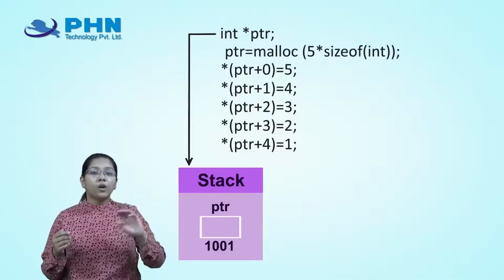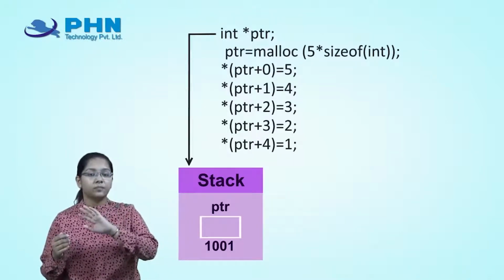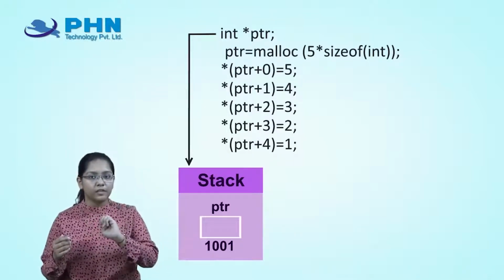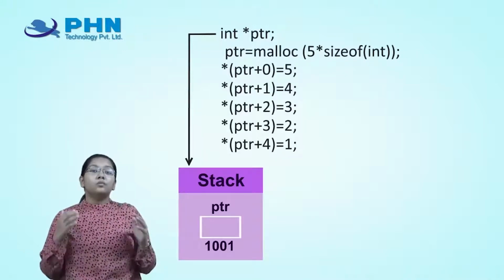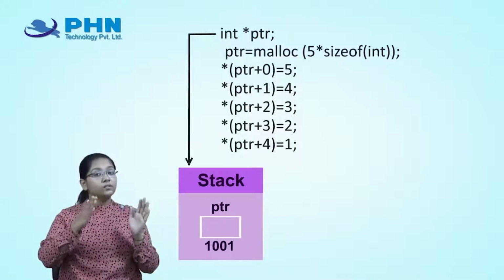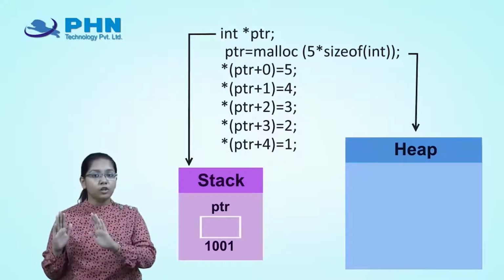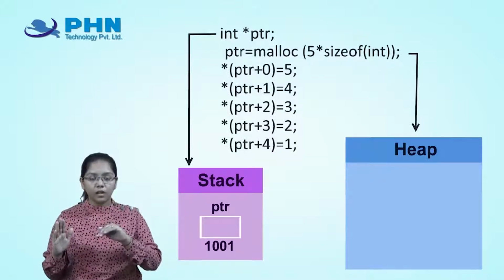Okay, now in that ptr I am assigning malloc of 5 into size of int, means 5 into 4. And remember, whatever memory is allocated over here is getting stored in my heap memory. So again my heap memory comes into the picture. Okay.